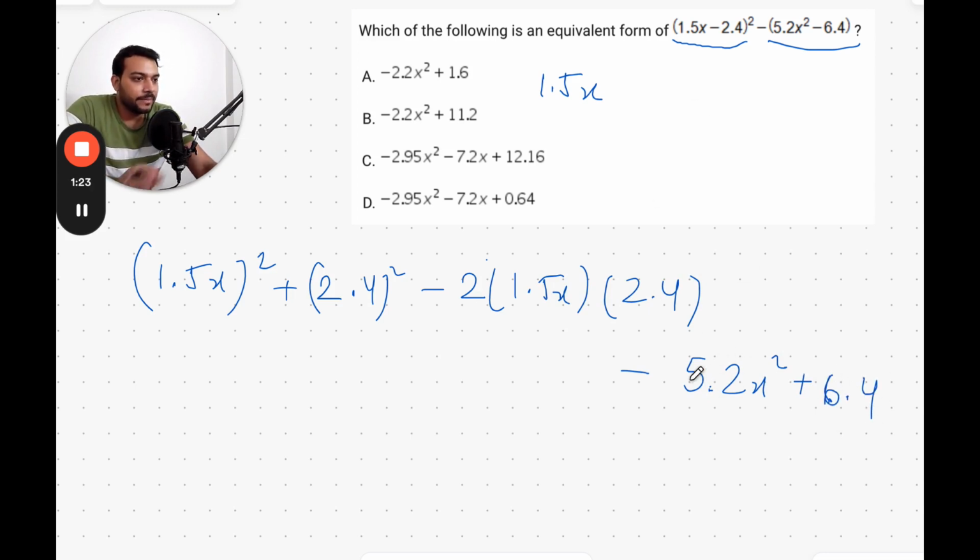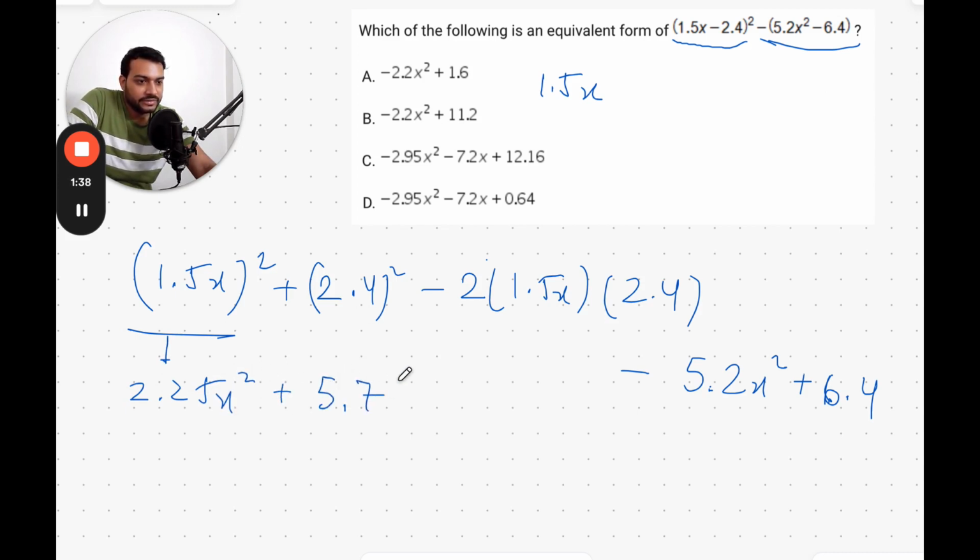Nothing complex in this. We just opened the second bracket, so negative 5.2x², and negative times negative 6.4 is positive 6.4. 1.5x squared is 2.25x², 2.4 squared is 5.76.